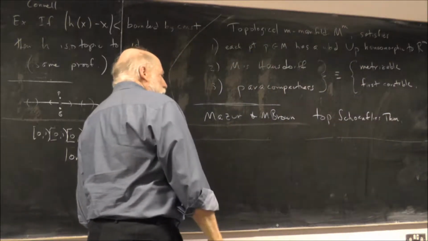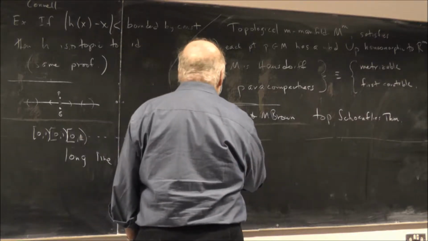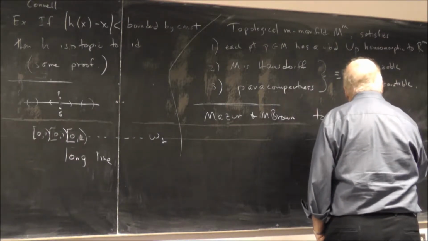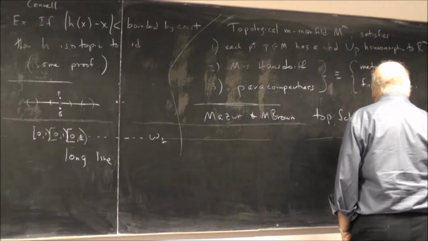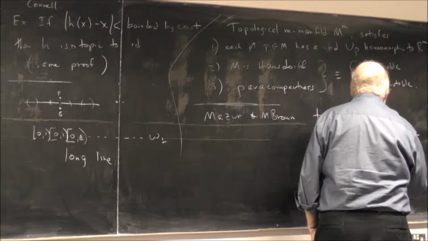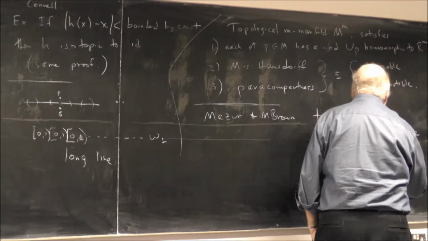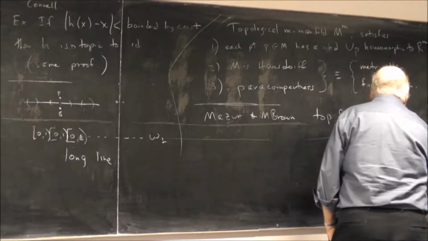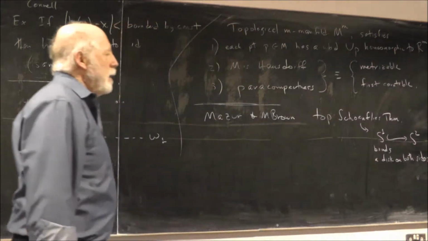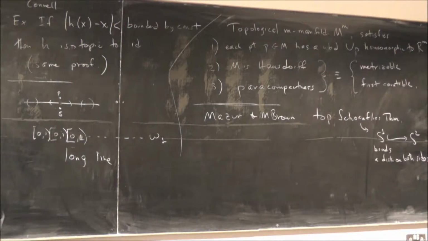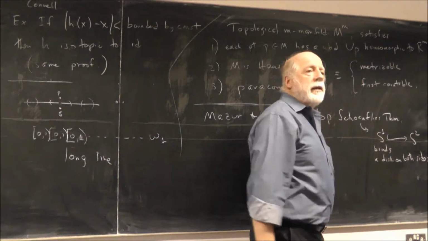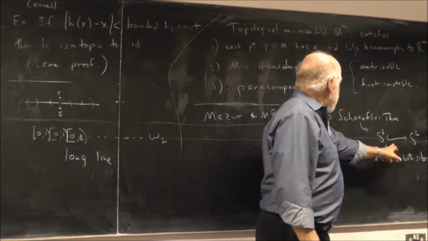So Schoenflies had shown that a circle embedded in S2 bounds a two-disc on both sides. It sort of looks like the Jordan curve theorem, but it bounds a disc on both sides. So this embedding of a circle extends to an embedding of the two-dimensional disc. And that's what Schoenflies had proven.